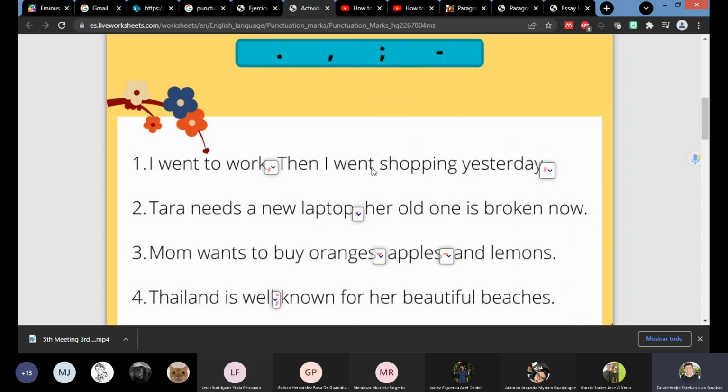Vean cómo está escrito. No lleva nada, lleva un guión, lleva un punto y coma. ¿Qué lleva ahí? Dentro de las opciones no me aparece el punto.